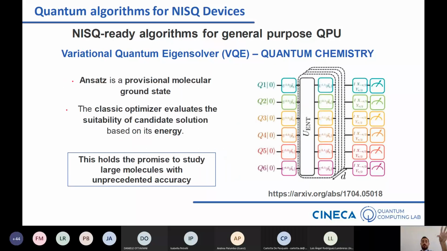So this method holds the promise to study large molecules with an accuracy that has never been reached, once you have a NISQ quantum computer, but still of the order of 100 to 150 qubits. So yeah, that's it for VQE.